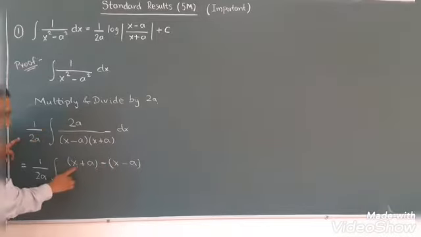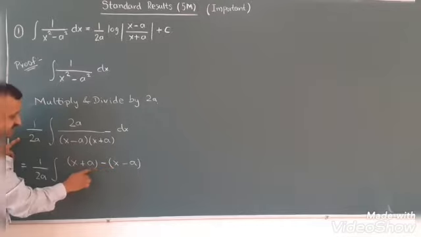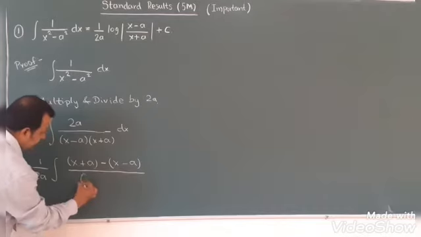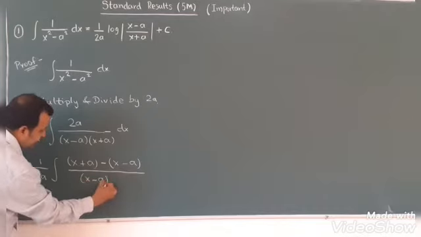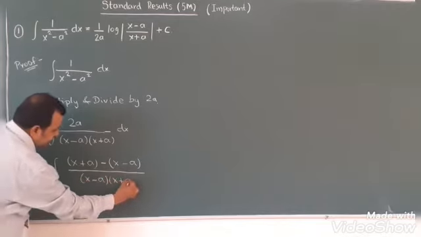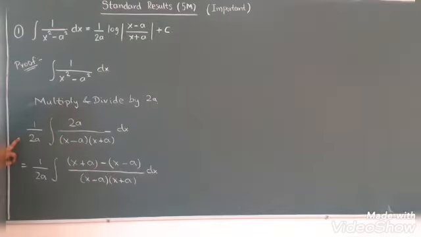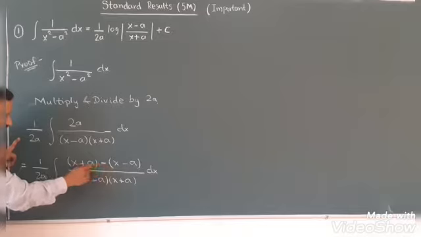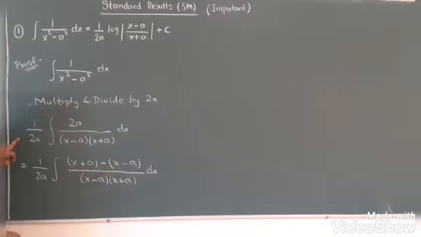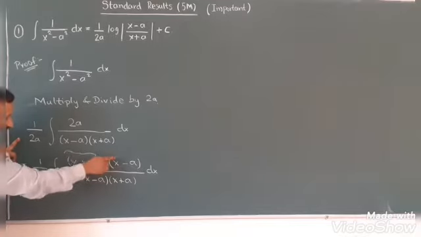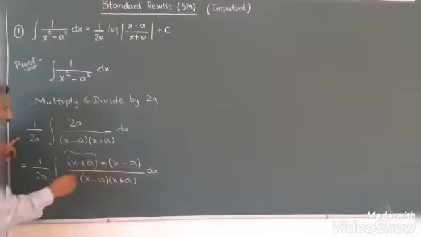You can see here x cancels, a plus a is nothing but 2a divided by x minus a into x plus a dx. So 2a cancels, finally you will get this. Now separate, so this term divided by this followed by this term divided by this.